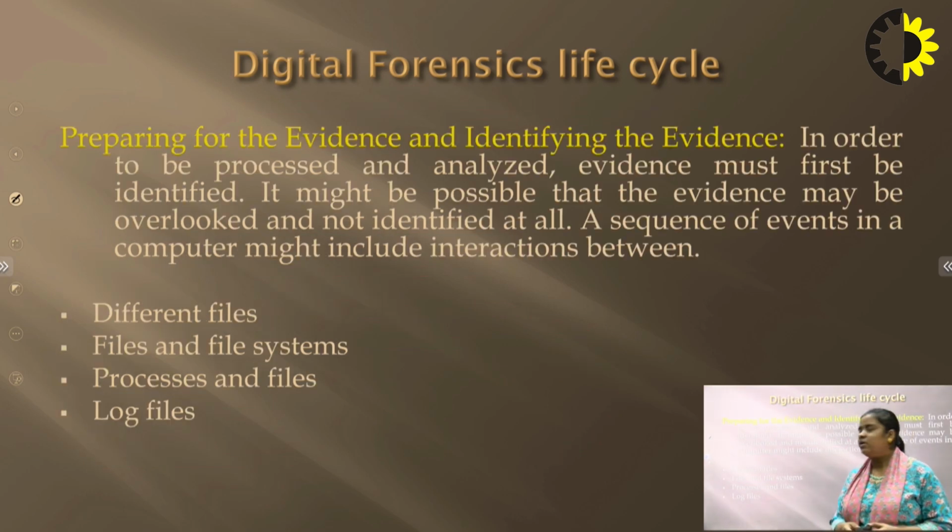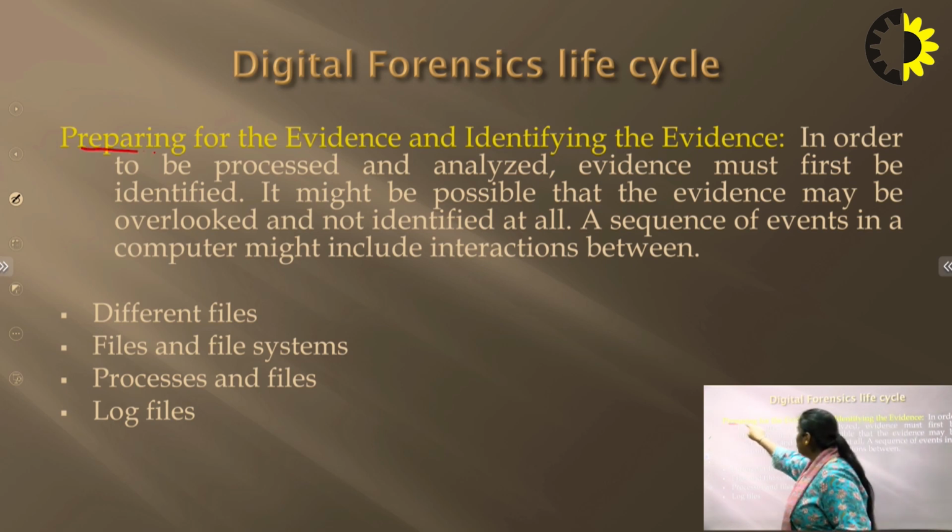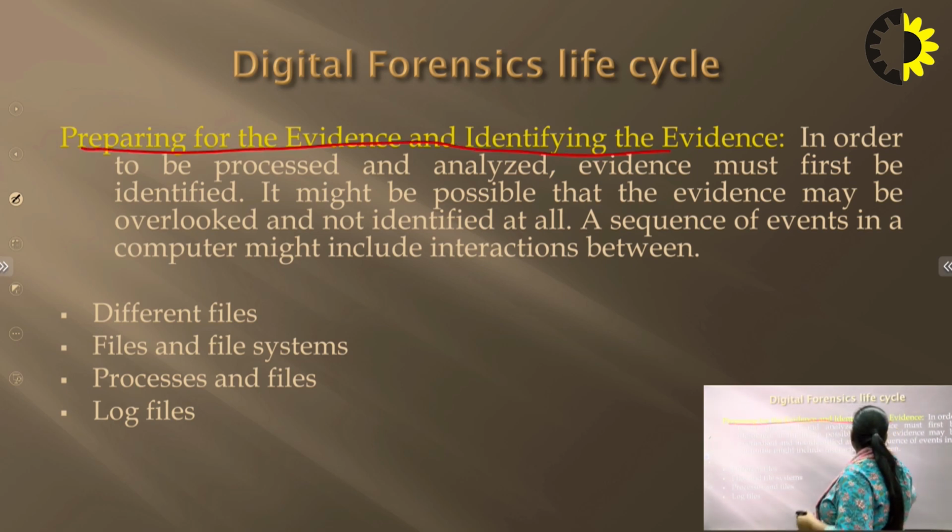In the first one, what is the topic? Preparing for the evidence, or identifying the evidence. What is the use of this point in the digital forensics life cycle? If we want to collect data related to a digital crime, first of all we have to identify our assets, or identify what kind of data will be helpful to examine and provide the actual result related to forensics.